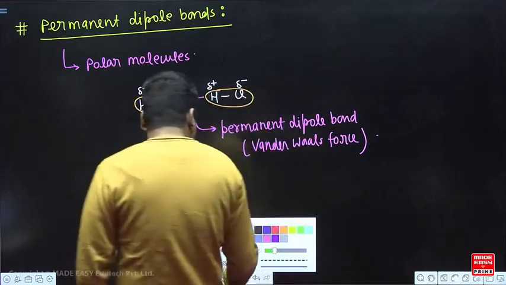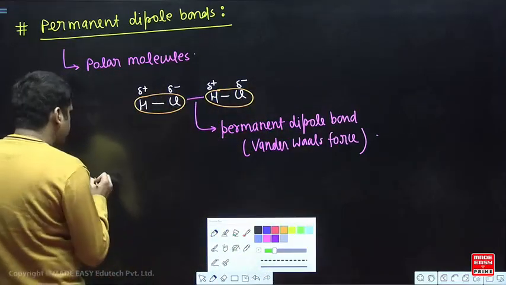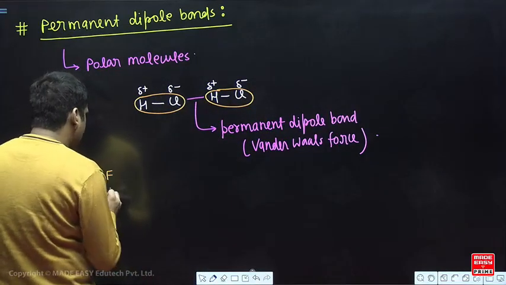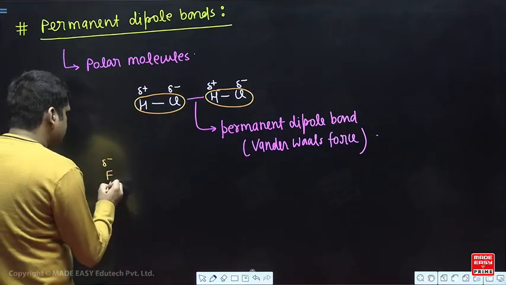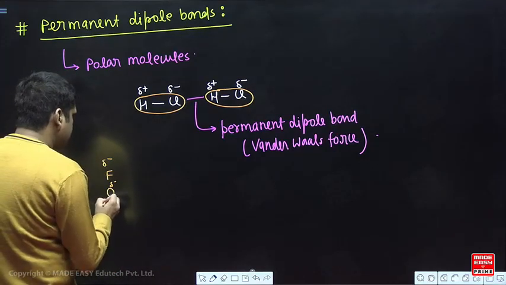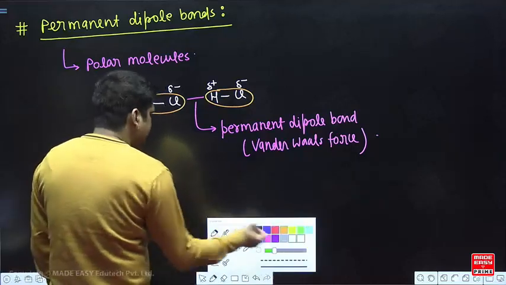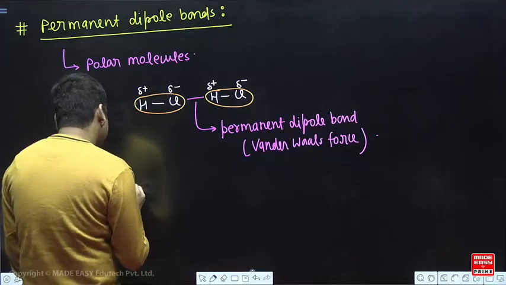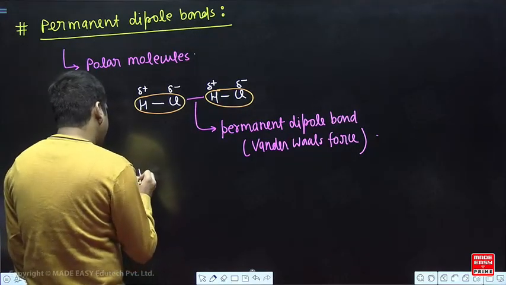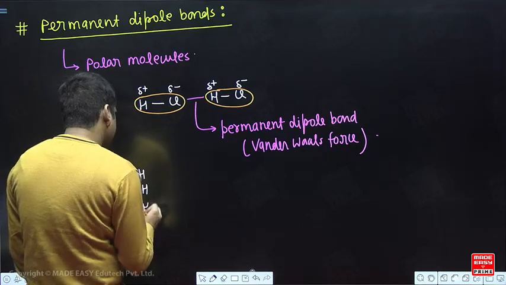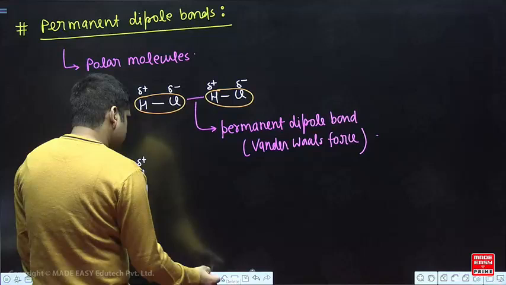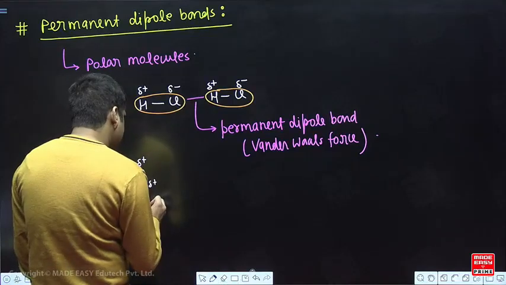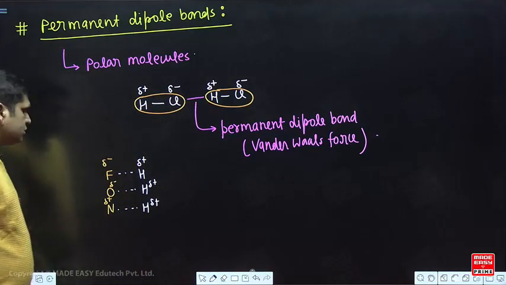Suppose you have three elements, fluorine, oxygen and nitrogen. So del minus and del plus. And suppose the secondary bond is formed with hydrogen, H. This is del plus, and this is del plus, and this is del plus.